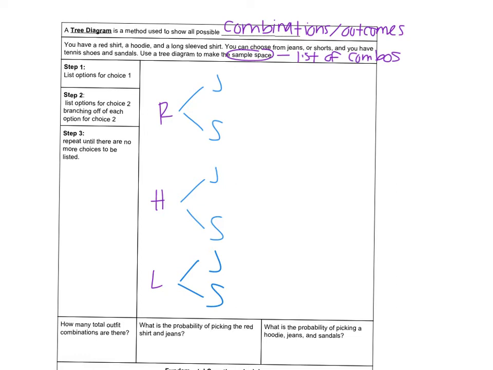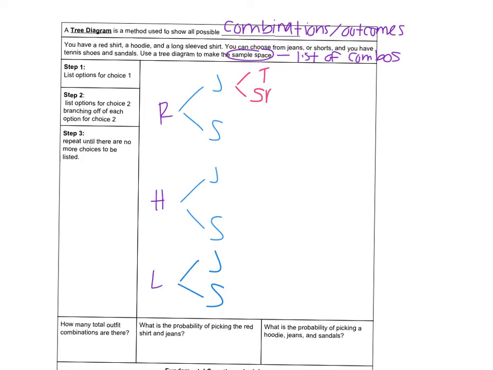Okay, after I chose pants, I have to choose an option for my shoes. So I could have chosen tennis shoes or sandals, but here I'm running into the issue where I have S for shorts and S for sandals.